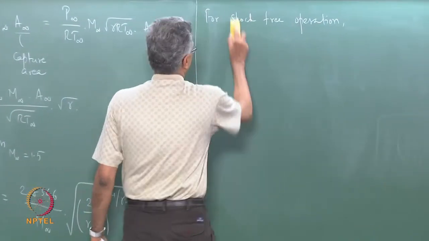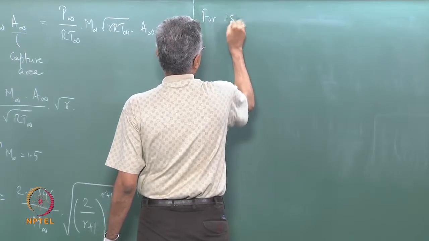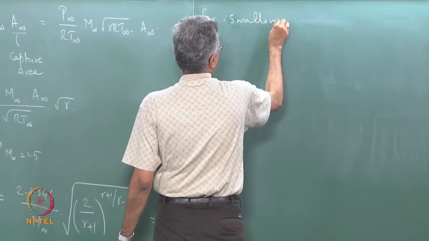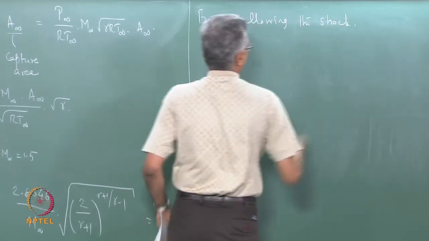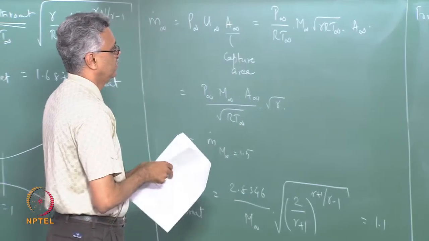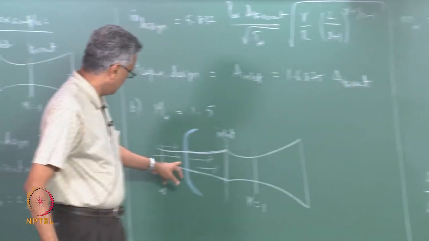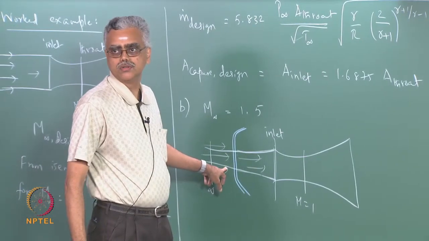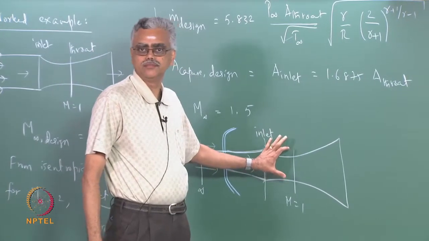For swallowing the shock, let me put it this way, we are looking at two situations. For swallowing the shock, we must adjust the area so that the loss of stagnation pressure due to the normal shock is accounted for in the throat area, right.